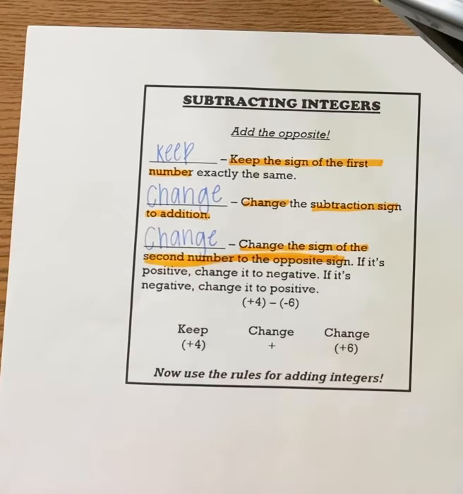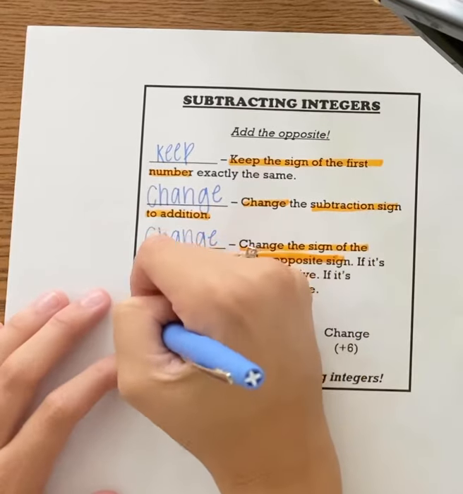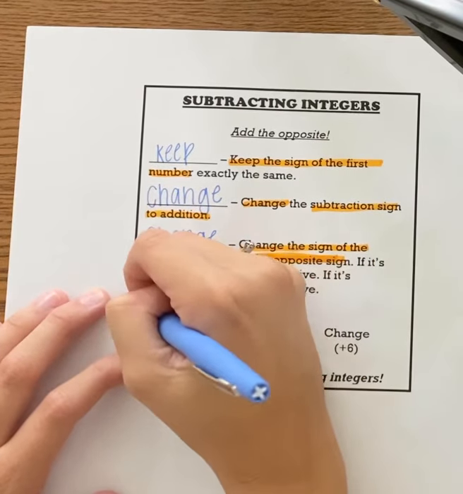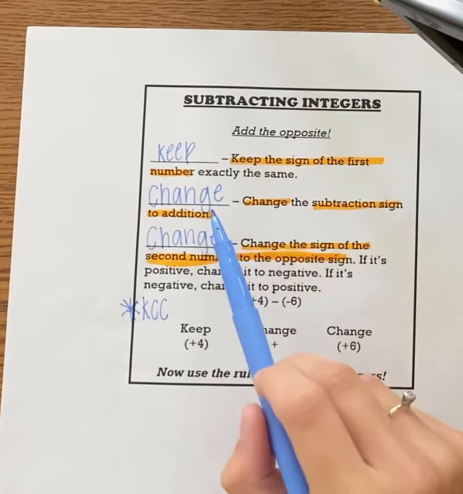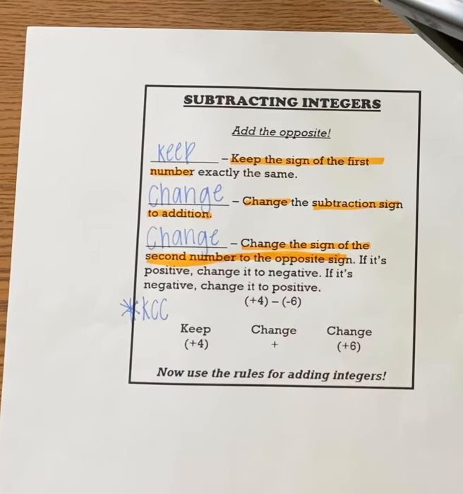Okay? So sometimes, when it says keep, change, change, I'll say to myself KCC. So if you hear me say KCC, you know what I'm referring to when it's subtracting integers. Keeping, changing, and changing.